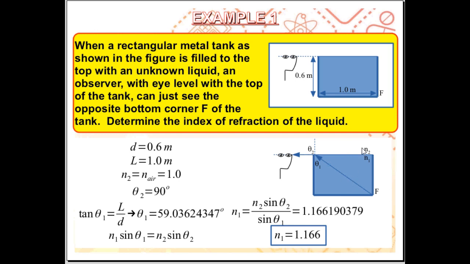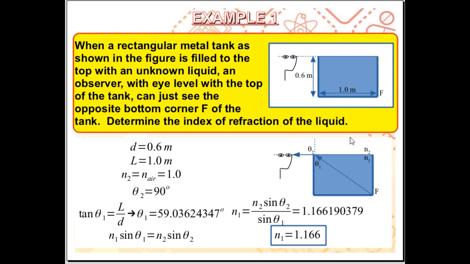So N2, the index of refraction of air, we know to be 1.0. Let D be the depth of the tank, 0.6 meters, and L be the length of the tank, 1 meter.